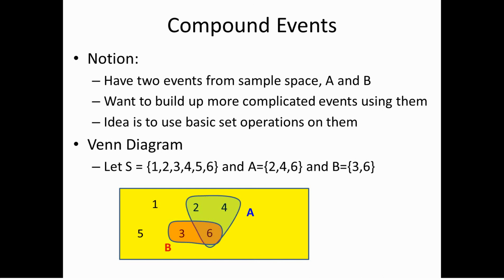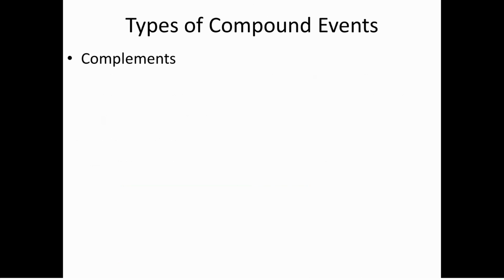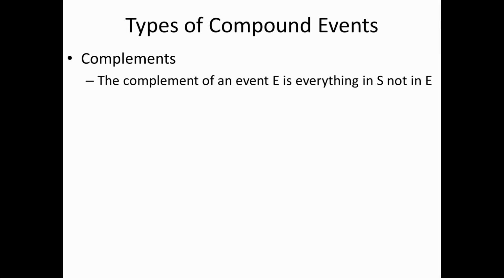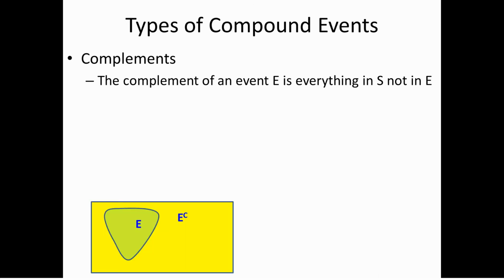Now we want to get a feel for what we can do with these events to make more complicated events. The first thing we can do is take the complement of an event. The complement of E is everything that's in S but not in E. Let's look at the Venn diagram for that.